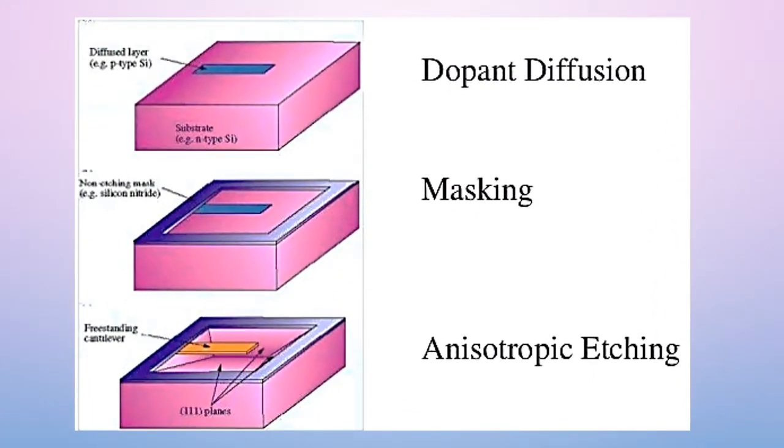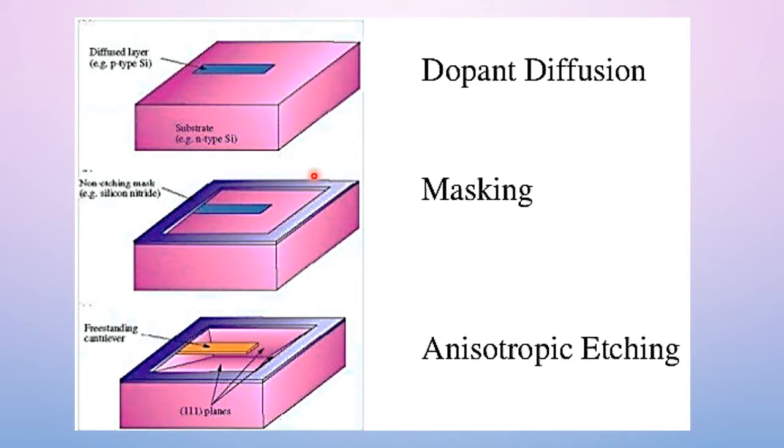Here is an example of the bulk micromachining process. The first one is the diffused layer. For example, here P-type silicon is diffused on the substrate, and then a mask is placed on top of the substrate, like the one that you see here, the purple color.